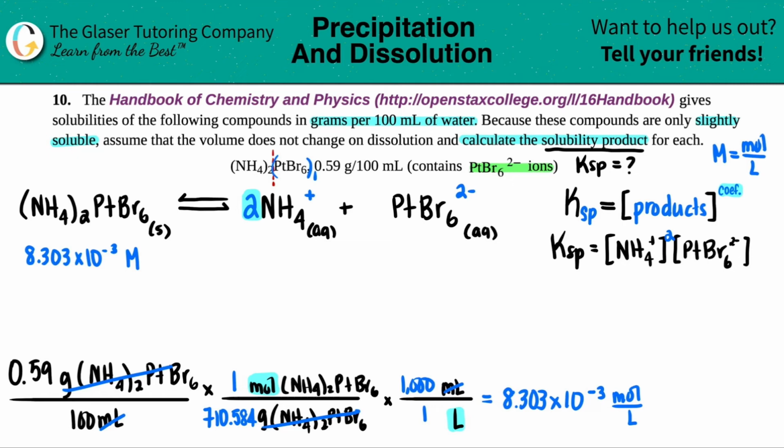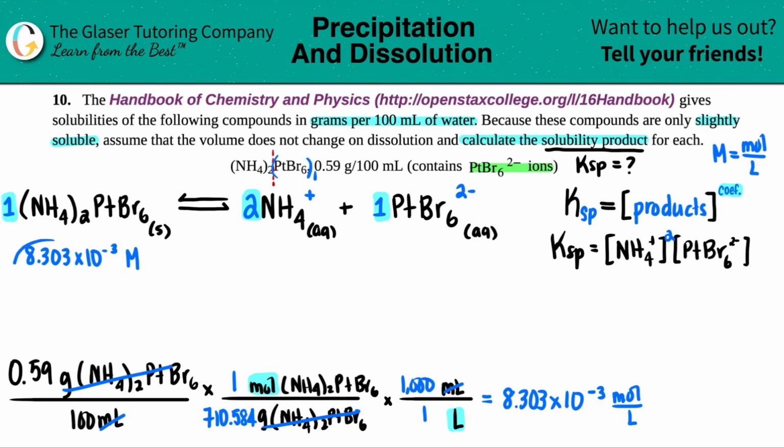But now how do I go from this value to just the NH4 plus and the PtBr6 2 minus? Well, that comes from the mole ratios. Look at those coefficients. I had 1 of the solid, we have 2 NH4s, and we have 1 PtBr6. Well, it's a 1 to 2 ratio.